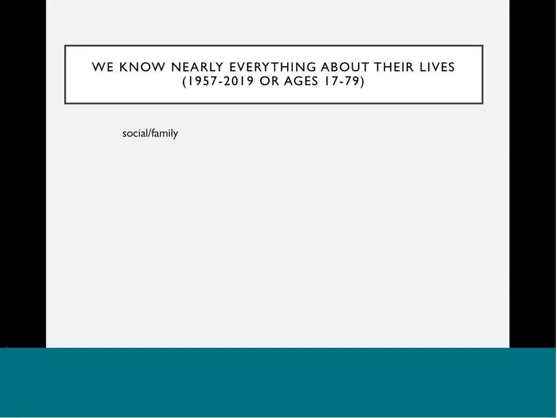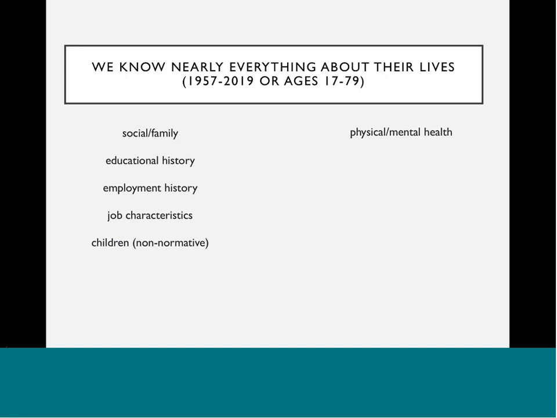Here are the broader general categories of data that we have: social and family, educational histories, employment histories, job characteristics, a lot of data on children and family, very detailed data on physical and mental health, detailed mortality data, data on things like income and wealth and socioeconomic conditions, detailed data on cognitive performance over most of their life course, including during adolescence. And a lot of this is a mixture of administrative data and prospectively collected data over their lives.